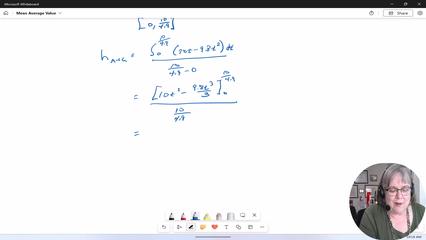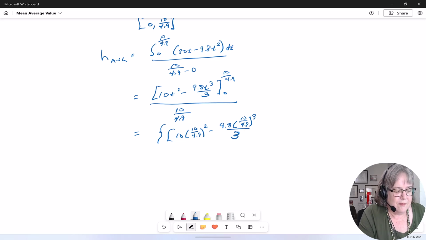So then you would have 10 times (10 over 4.9) squared minus 9.8 times (10 over 4.9) cubed over 3, minus 10 times 0 squared minus 9.8 times 0 cubed over 3.